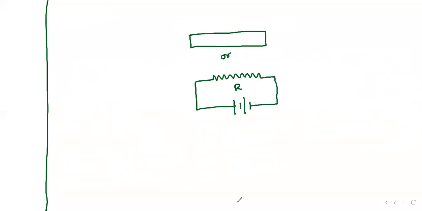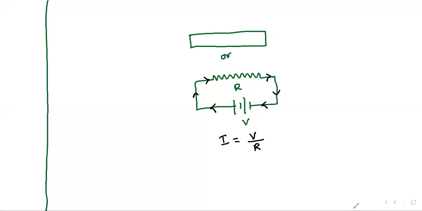From the battery we are applying a potential V. As soon as the battery is applied, current will flow through the resistor. So as long as the battery is applied, current will flow. So I can say that current flowing in the conductor is equal to V by R.